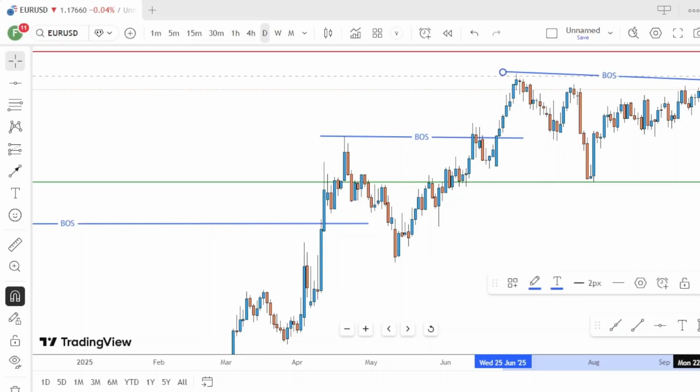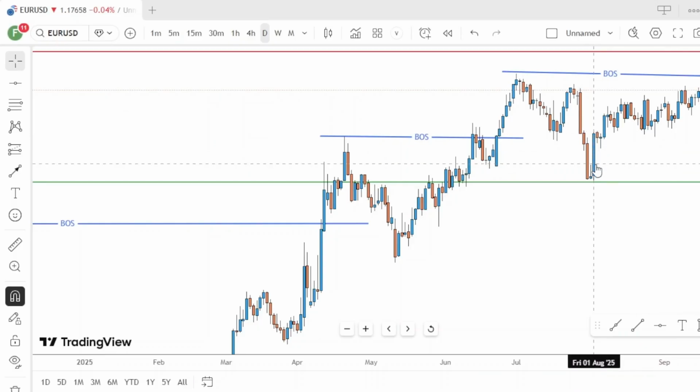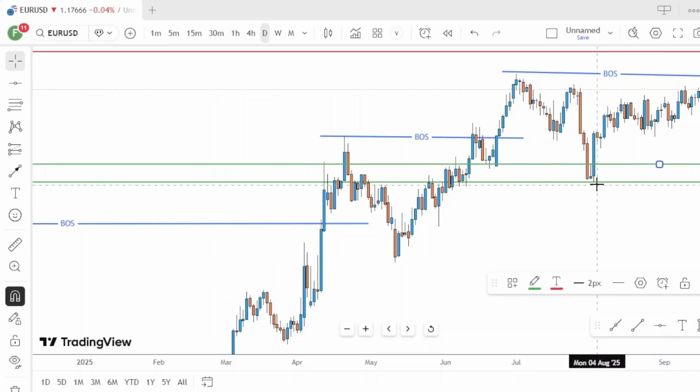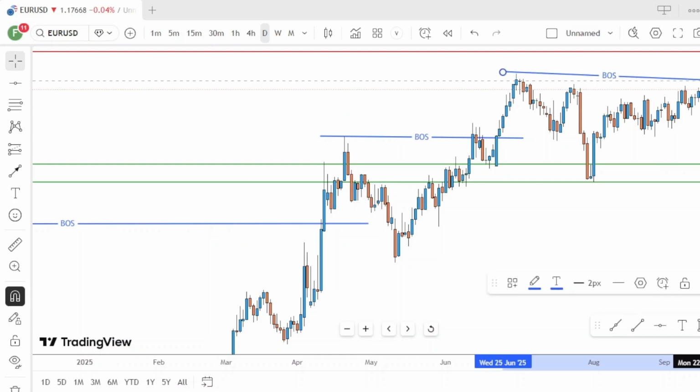Not just that, it tells me another story: if buyers are truly in here, they should be able to defend this zone. That's why we call this candle an imbalance zone. So understanding this, I have an idea of where the market will be returning to, which is an imbalance zone.